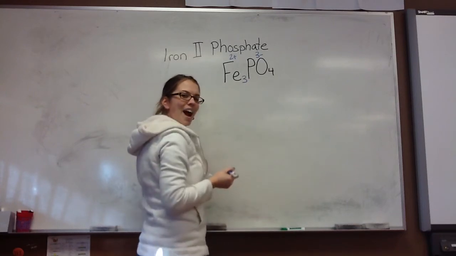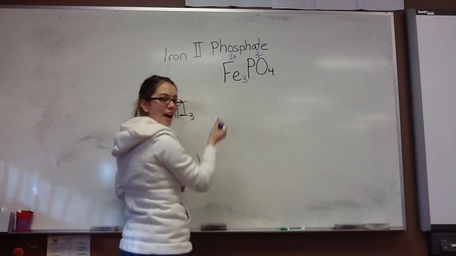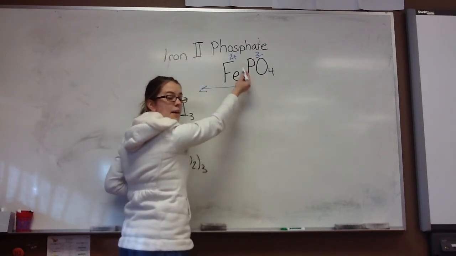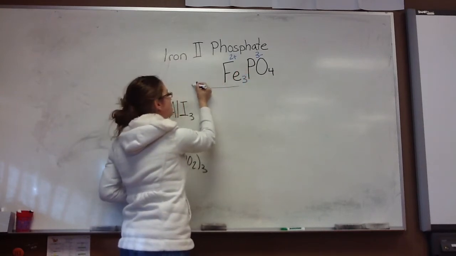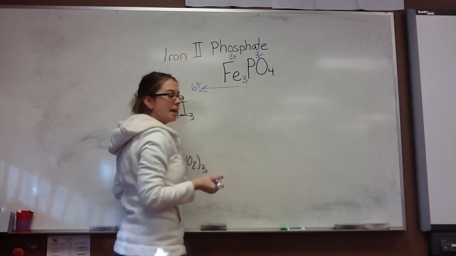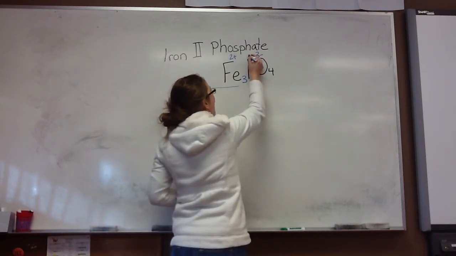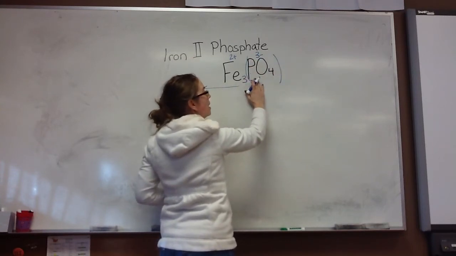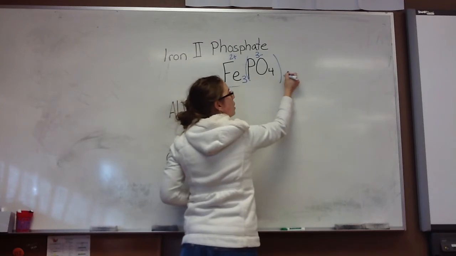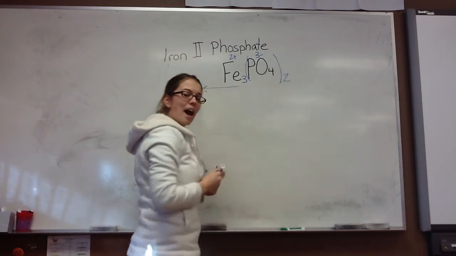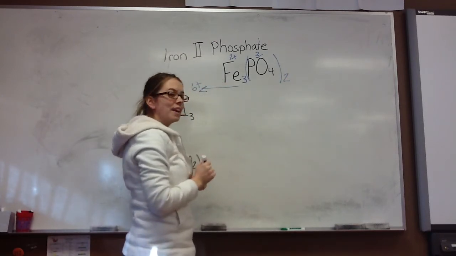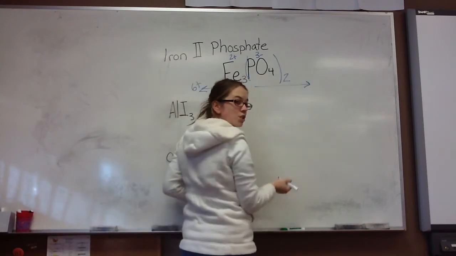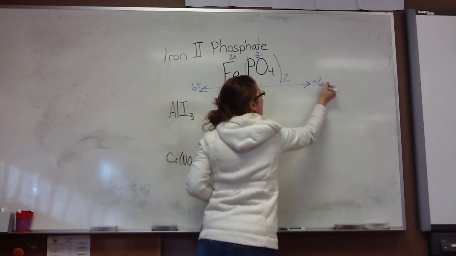If we have 3 iron ions and each iron ion has a charge of 2, well, 3 times 2 is 6. We have a +6 charge on this side. If I have, and I'm going to put parentheses so I know that I'm talking about the entire ion, 2 of this phosphate ion, and each phosphate ion has a charge of -3, my total charge on this side is -6.